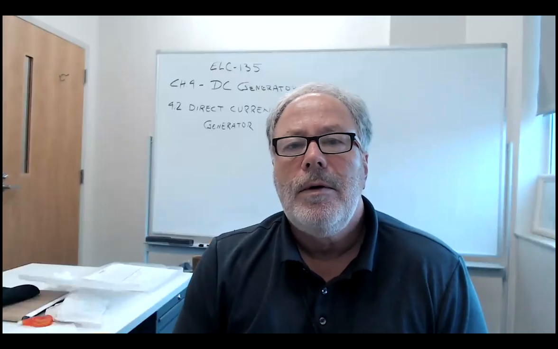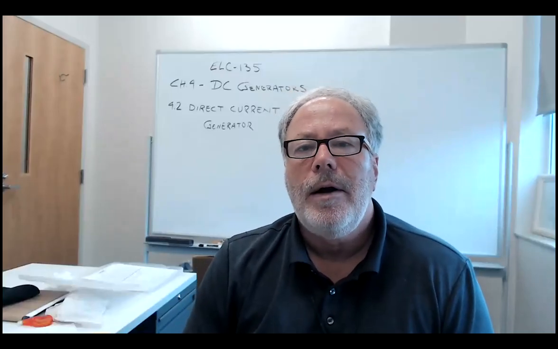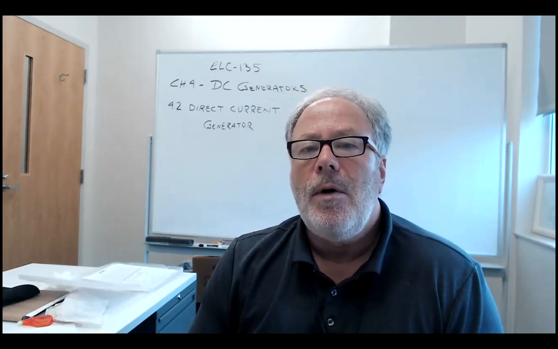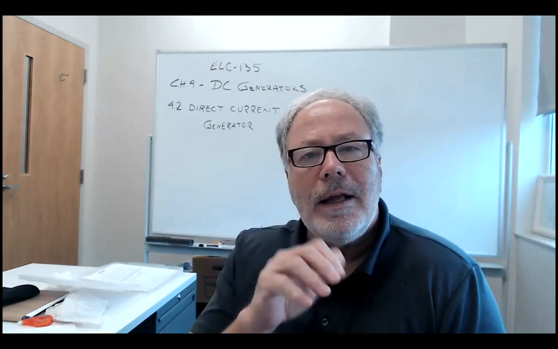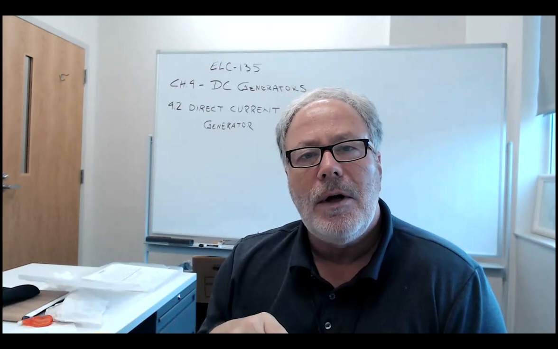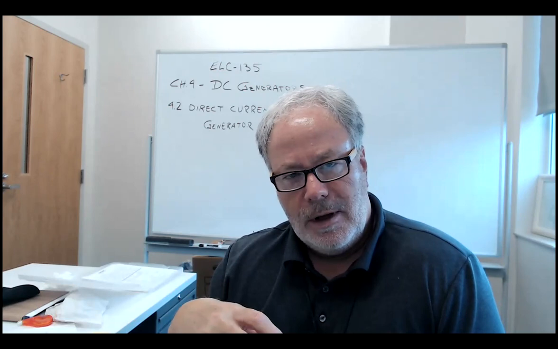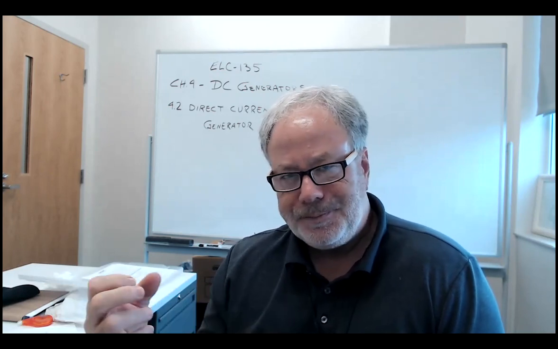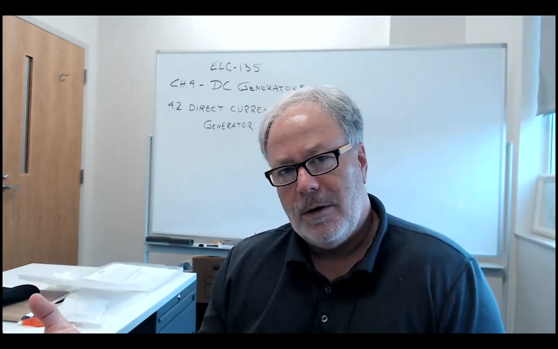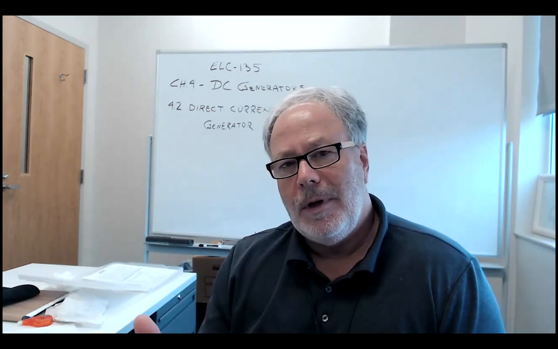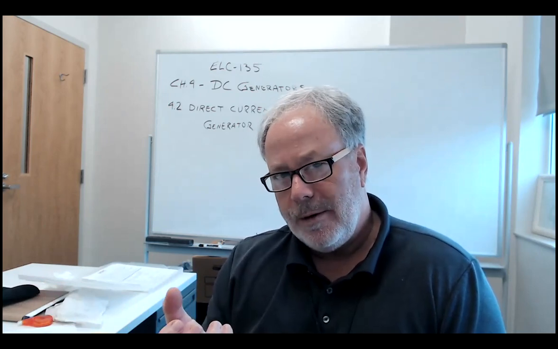Section 4.2 is called DC generator. What it's going to show us in this section is we're going to take that same machine that we saw in section 4.1, internally constructed the same way. The only thing we're going to alter is the output of that generator.